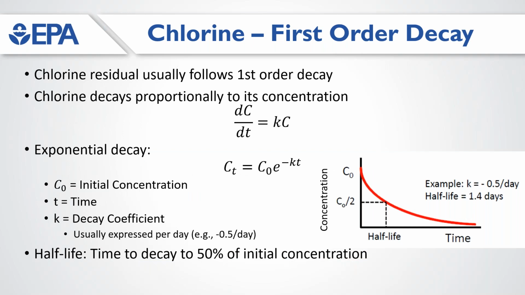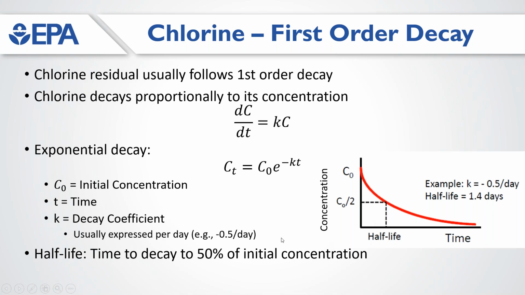And usually it can be modeled as a first order decay. Chlorine decay is basically a quite simple first order ordinary differential equation, dC/dt equals kC. Sorry, there's some mistake here. And this k is a negative value, meaning it's decay rather than growth.